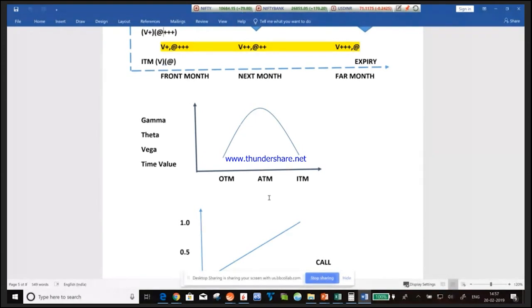And in terms of moneyness, which has the highest theta value? That's it. Perfect. So everybody's clear with this? I see Bhavya and Vasudev are typing.